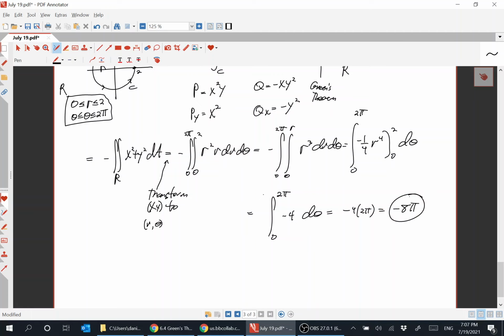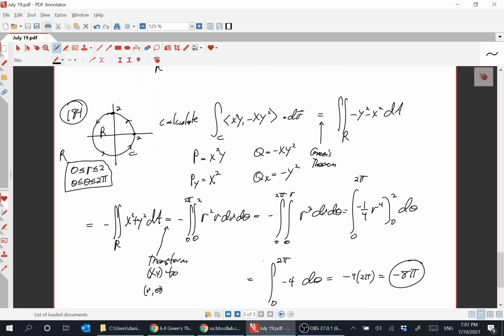Okay, so the point of that exercise is, first we applied Green's theorem. We're asked about this vector field line integral over C, where C is this simple closed curve. And these functions P and Q are polynomials, so they're continuous everywhere in the xy plane. So we apply Green's theorem.